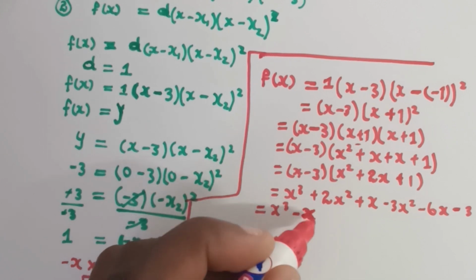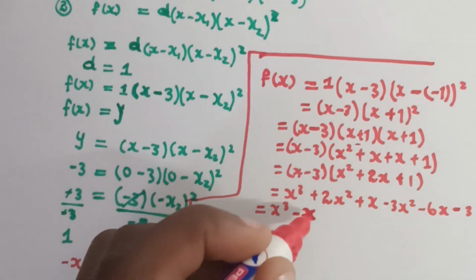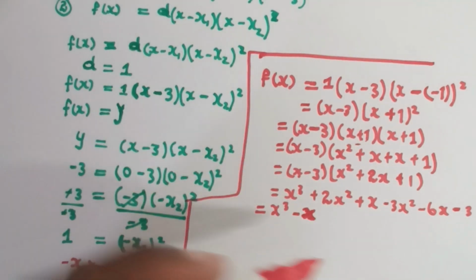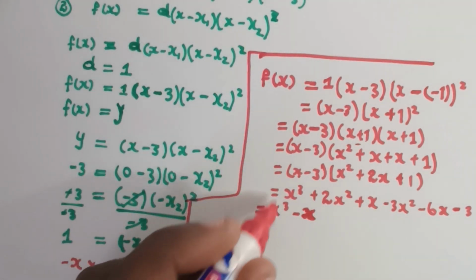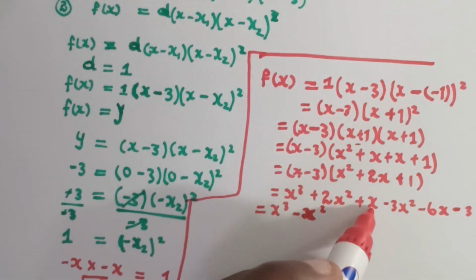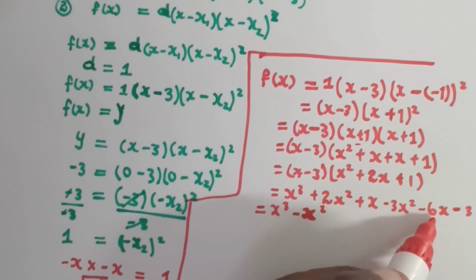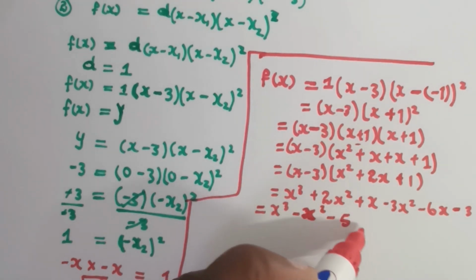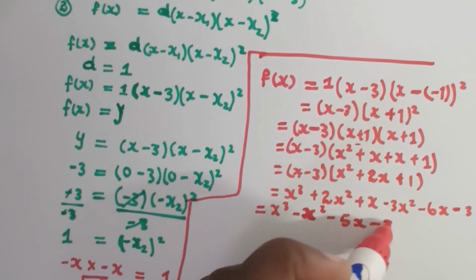We're trying to make our life easier by not writing 1 there. So it's x cubed minus x squared, and then positive x minus 6x is a negative 5x here, and then we get a negative 3.